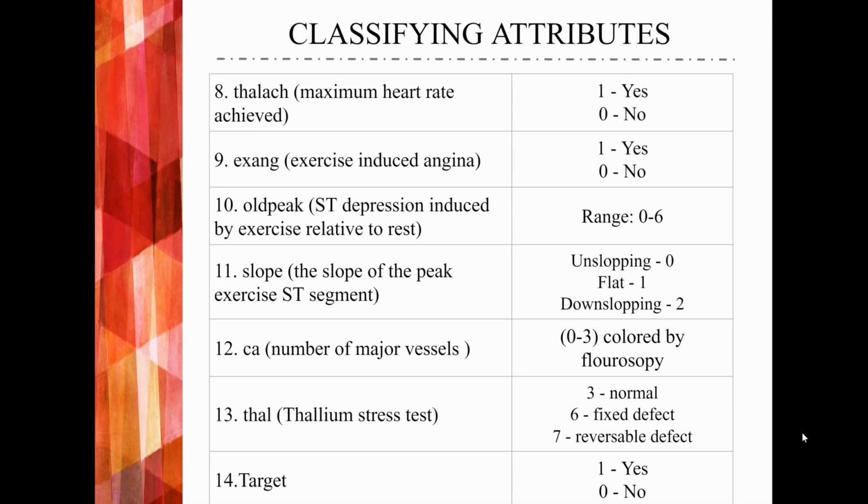Next, the attributes 10, 11, basically we can see them in the ECG. That is the electrocardiograph, which is represented by PQRST. So, old peak ST, the depression induced by exercise relative to rest. Let me just draw it for you and explain how it actually looks.